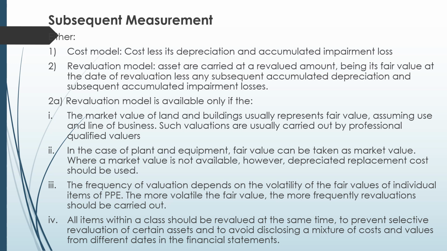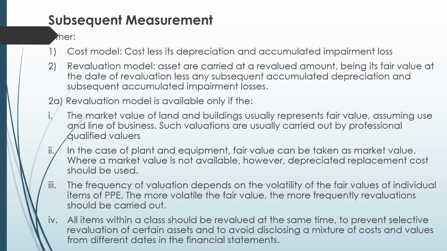With the cost model, we will deduct accumulated depreciation and impairment loss from the cost of the item. With the revaluation model, assets are carried at a revalued amount, being its fair value at the date of revaluation, less any subsequent accumulated depreciation and subsequent accumulated impairment losses.